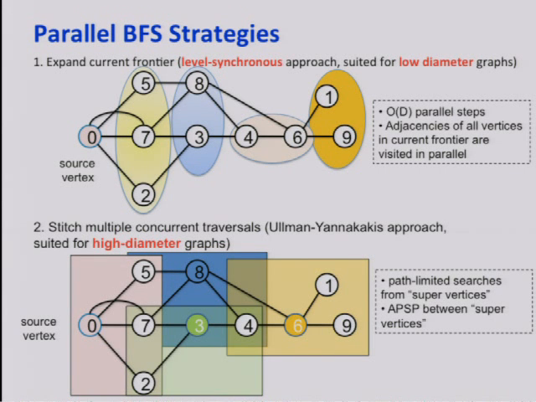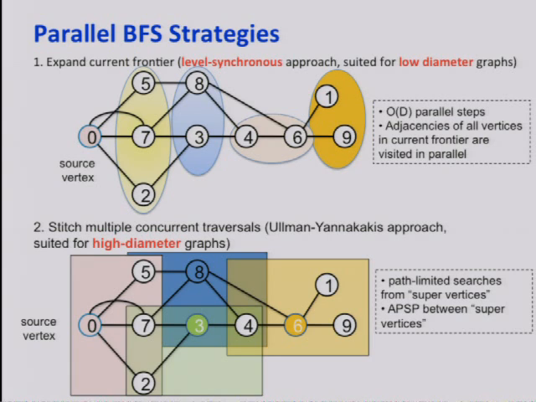The way to do breadth first search in parallel depends on your graph. If you have a low diameter graph, meaning that the distance from the source vertex to the ends is pretty short, you will do a level-synchronous approach, where you start from the source, explore all the vertices that are 1 away, synchronize all the processors, and in parallel go to the next step.